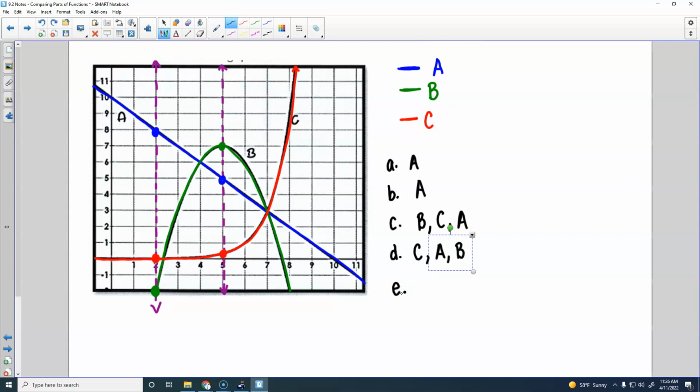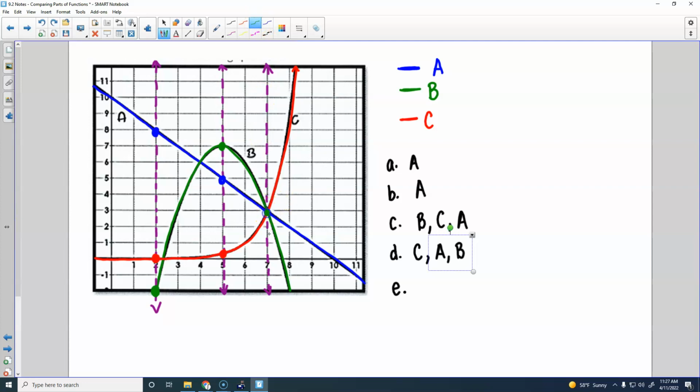Okay. For E, we're looking at 7. So, Vince, what do we have at 7? If I look at 7, the blue graph hits that line right here.